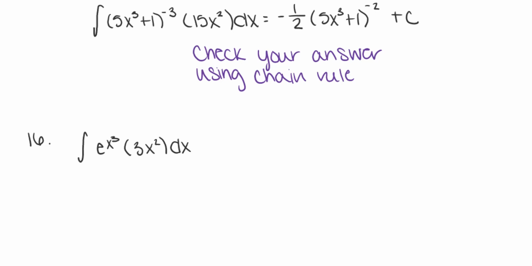So in this case, we have something a little bit different going on, where we don't have an exponent like we do up here that's just a numeric value. We have instead an exponent that's a function itself.